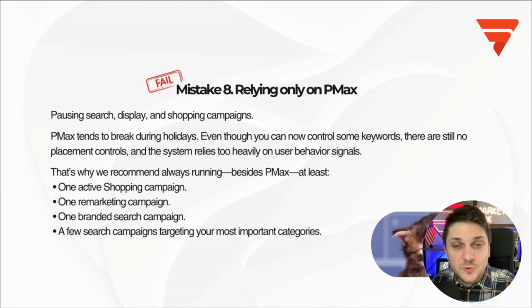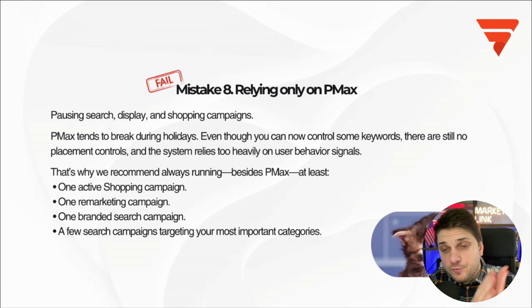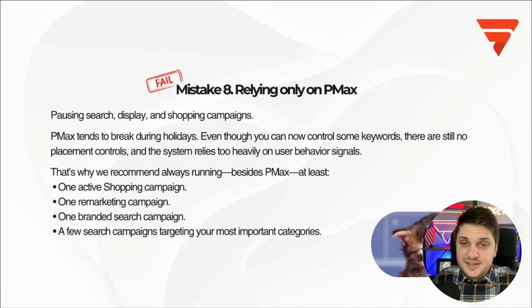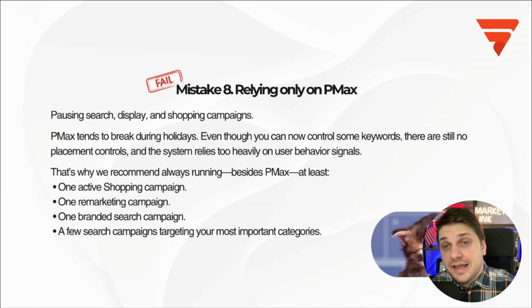Also, if PMax automatically shows in search, you are not able to control your headlines, your descriptions. You are not able to quickly see your quality score, your ad quality score, your landing page quality score, and compare these numbers separately in search, separately in shopping. So in general, I recommend to have at least a search brand name campaign, but ideally also for your top priority categories, search campaigns.